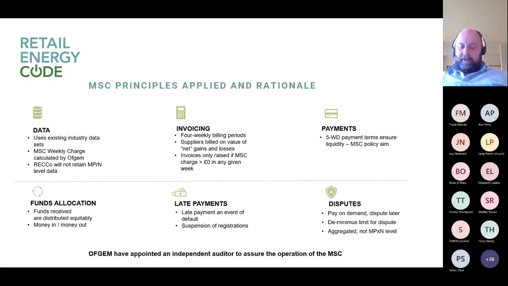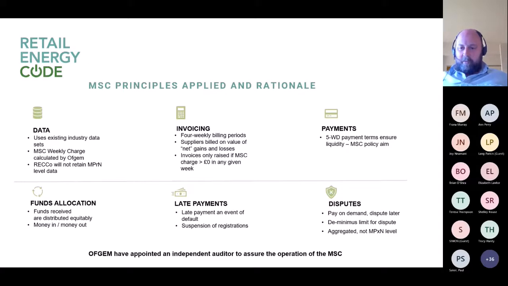Essentially, the day after payments were due, if something hasn't been paid, we'll be issuing a notice both to the party who is late in payment and to the Performance Assurance Board under the PAB. And then there'll be a period of 20 further working days after that in order for the late payer to essentially settle their invoices.